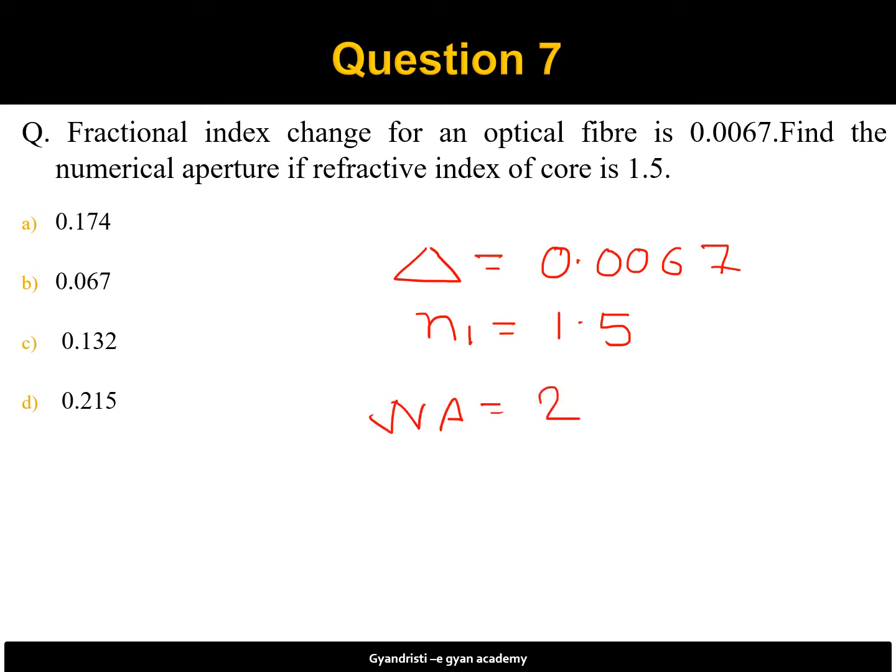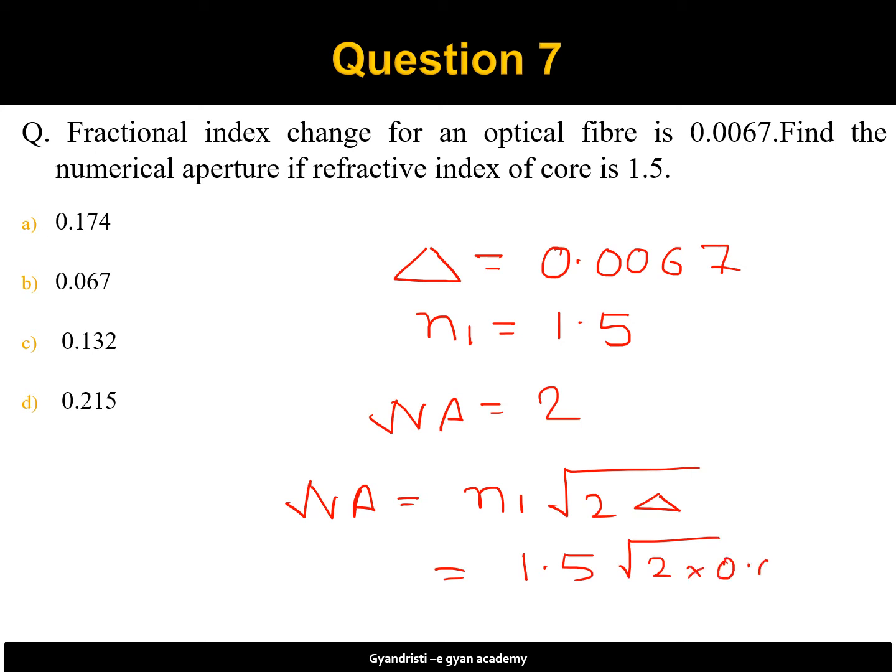Okay, so numerical aperture is related to fractional refractive index by the expression NA is equal to n1 root 2 delta. Okay, so substituting n1 and delta values, 1.5 into root of 2 into 0.0067. Okay, when we will solve it, we'll get 0.174. So the option number A is correct.